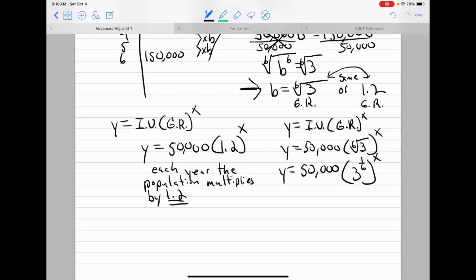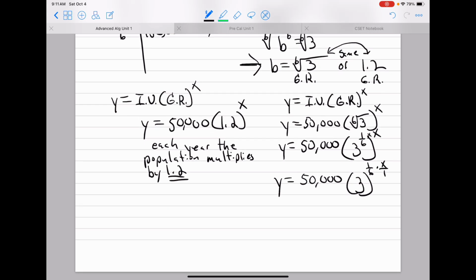All right? And let's do a little more algebraic manipulation. Let me move this down and give me a little more space. Y equals 50,000 times 3. And remember, this is the power rule, so these just multiply. So 1/6 times x over 1. So I end up with y equals 50,000 times 3 to the x over 6.